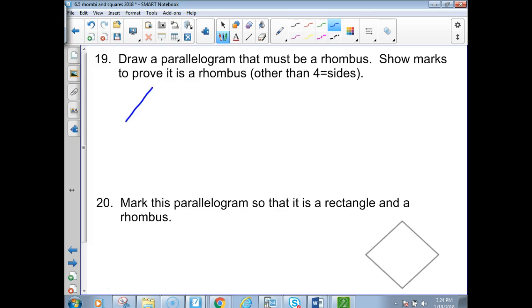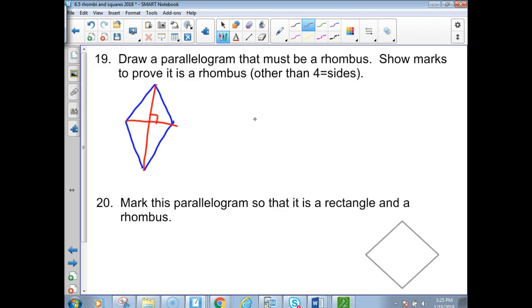So I'm going to draw a diamond, diamond-y shape, which is a rhombus. I'm saying it's a rhombus, and I'm going to show markings that would indicate that it has to be. One of the properties would be if the diagonals are perpendicular. So if you drew a picture and showed that, if it's a parallelogram and it has perpendicular diagonals, then this would be a rhombus.